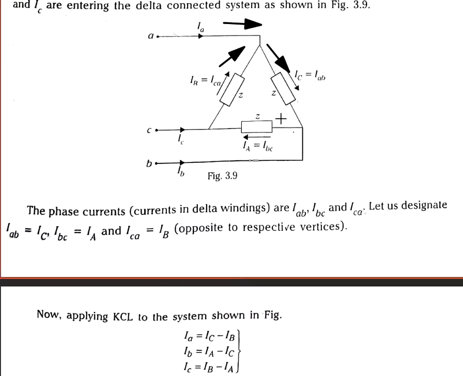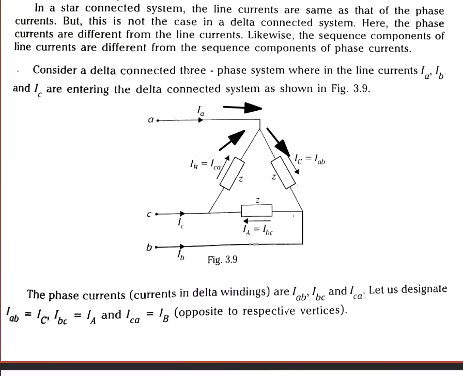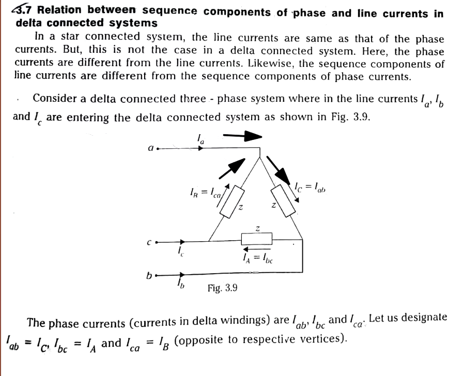So IA plus ICA, or Ib, equals Ic, or IAB. At this point, IA and Ib are incoming and Ic is outgoing.